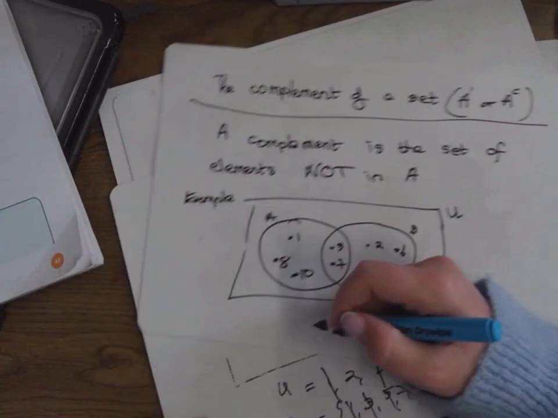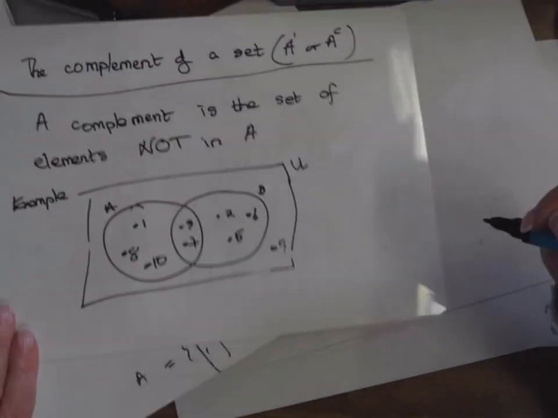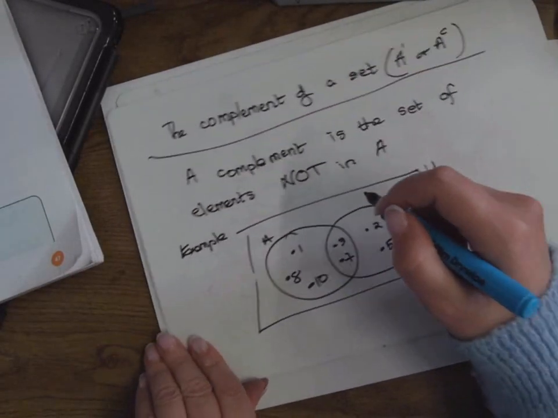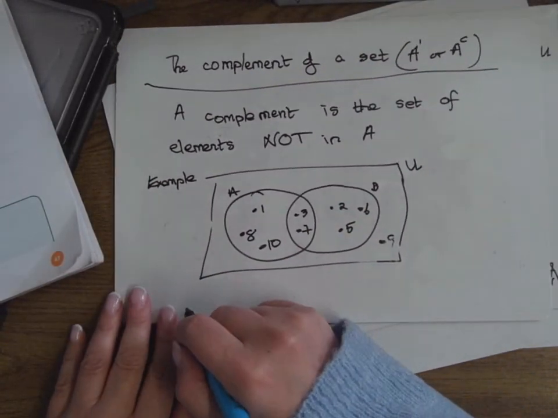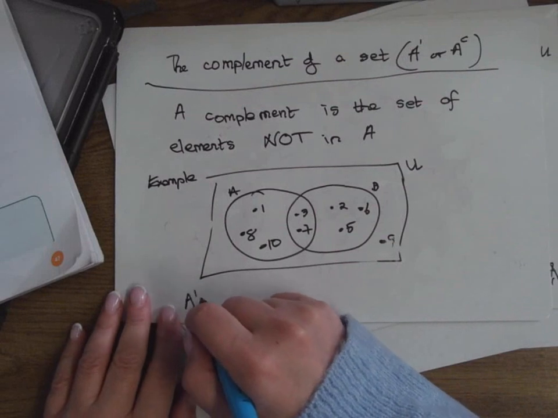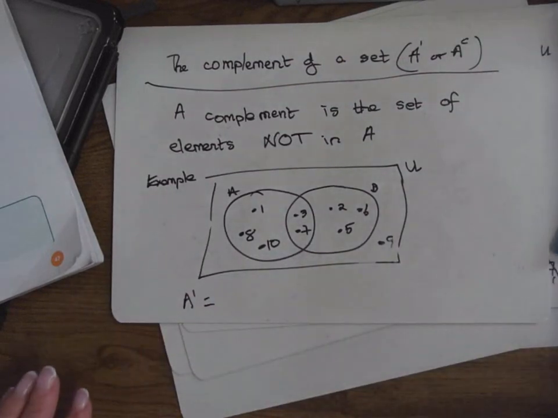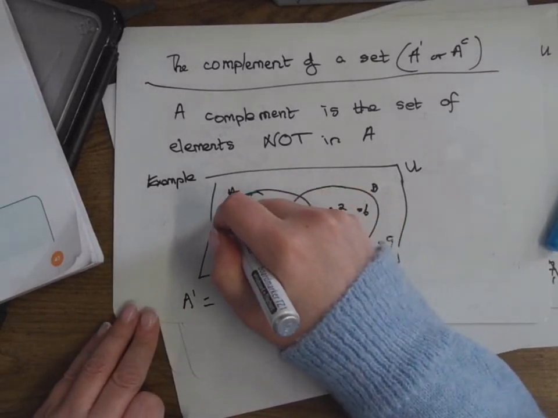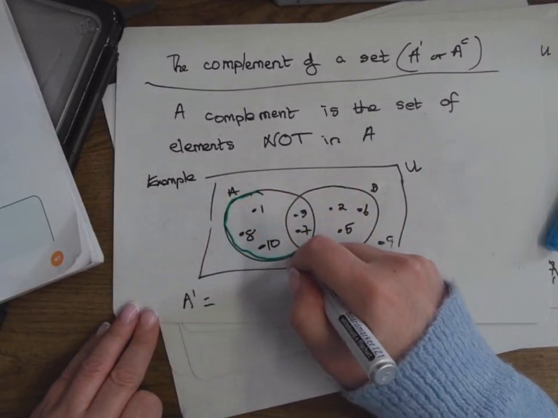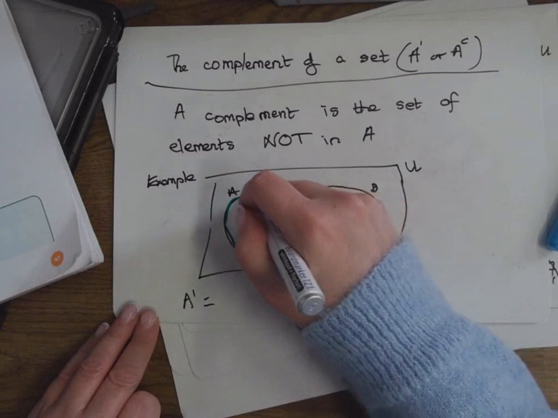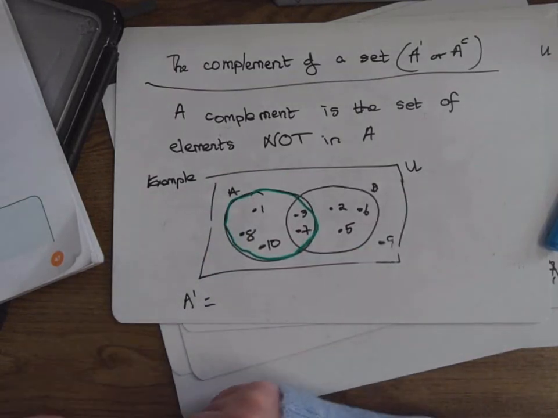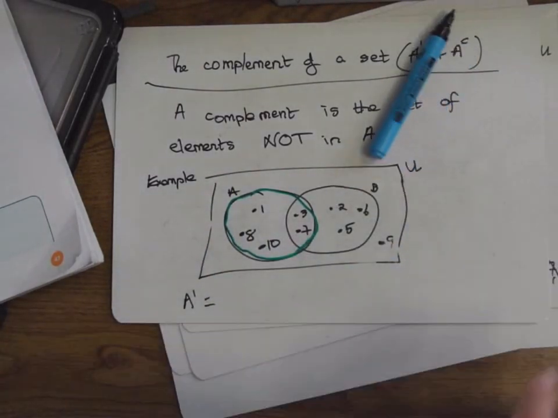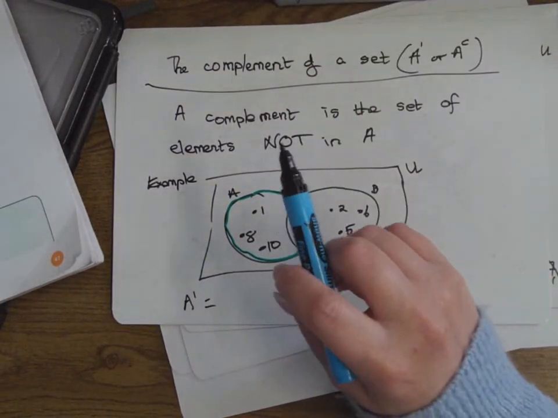So if I asked you girls to list A complement, I'll do it here at the bottom. I'm going to draw a green line around A, so that's the set A. A complement is everything outside of A, so it's everything not in the green circle.